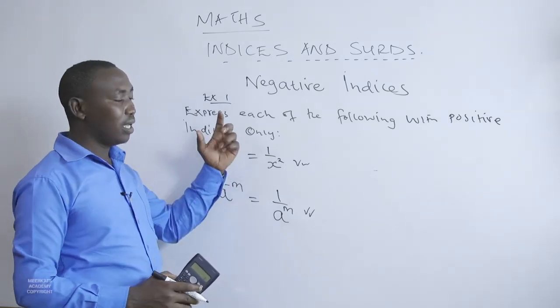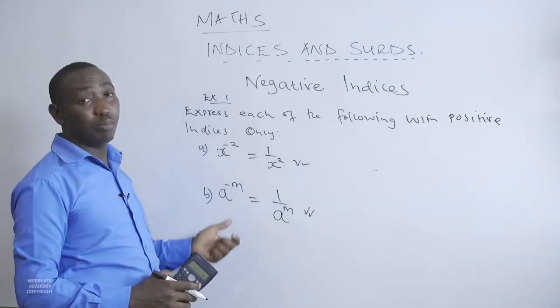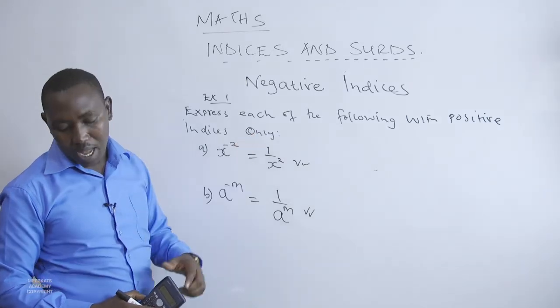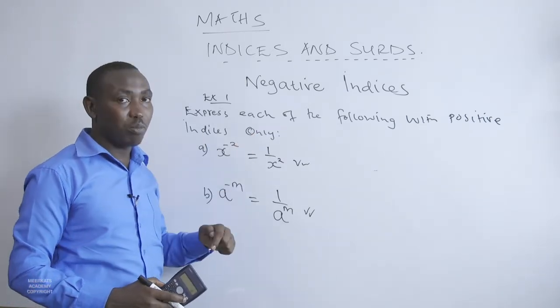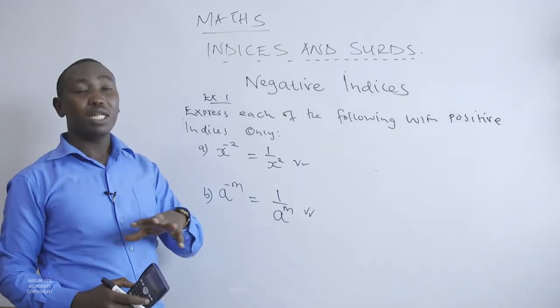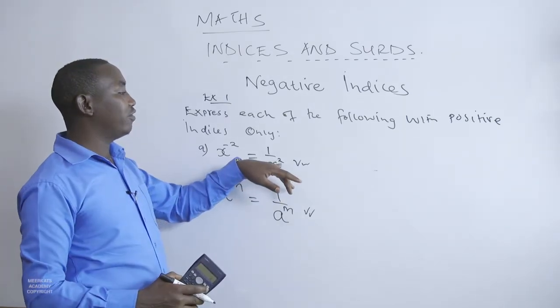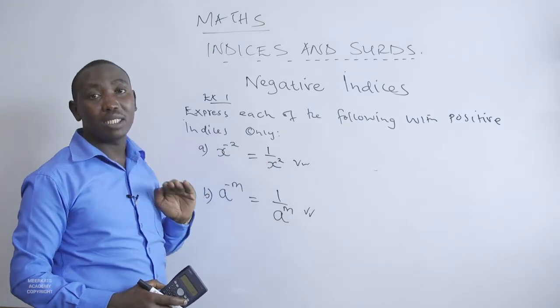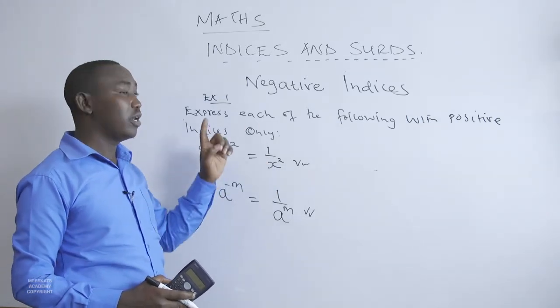You simply get the reciprocal of the said number or pronumeral, and then the power of that number or pronumeral will automatically go to positive. Note that now this positive power of 2 is only affecting the denominator. It does not affect the numerator.